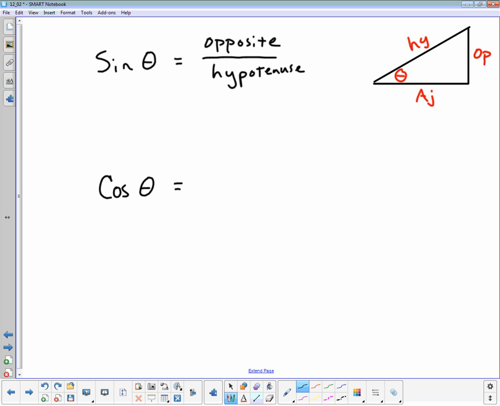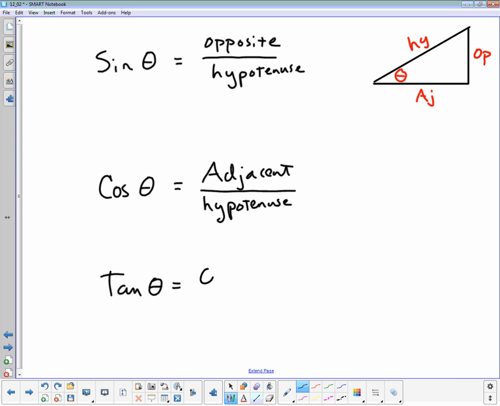The cosine of theta is the adjacent over the hypotenuse, and the tangent of theta is my opposite over my adjacent.